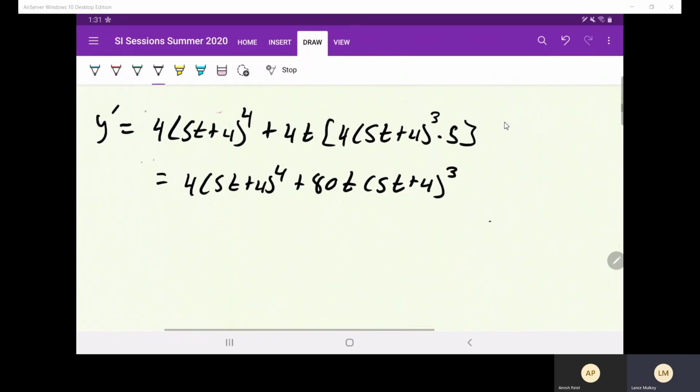Okay. Well, what's cool about this one, let's pull out a 4 and a (5t plus 4) cubed. Imagine this is one giant bracket. So you can pull out a 4 and a (5t plus 4) cubed.